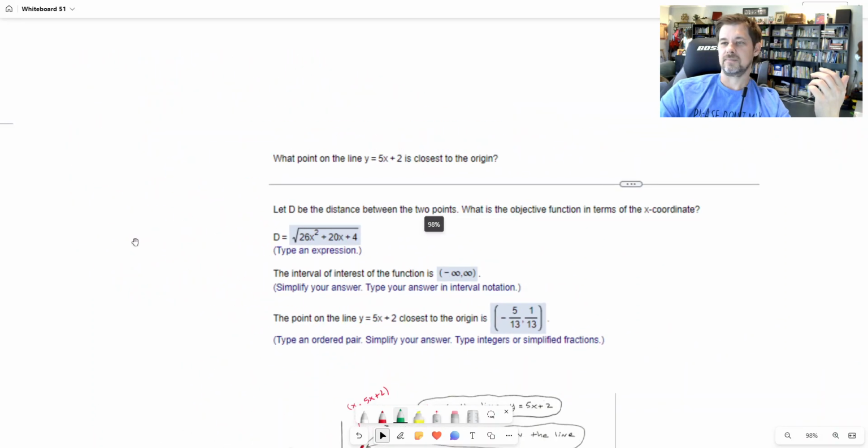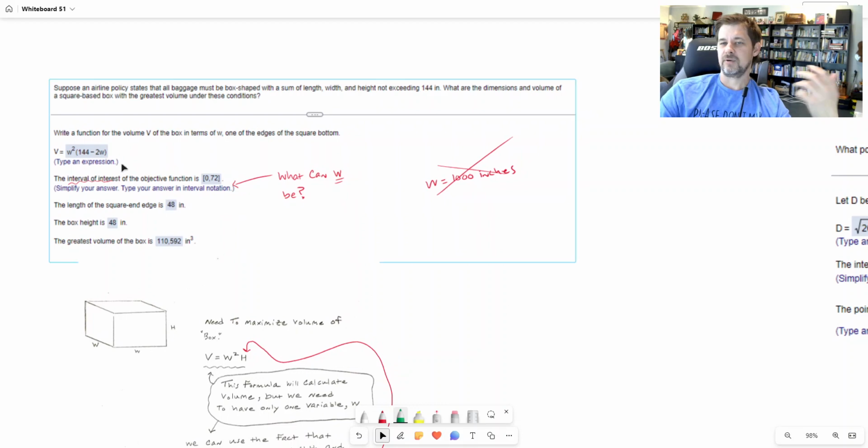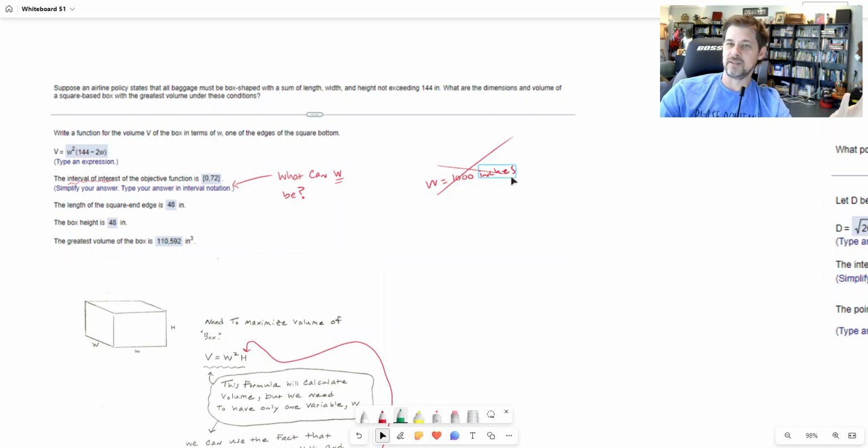I'd like to pull in a question I just did, where I told you the interval of interest for the objective function, it just tells you the possibilities for the variable. So here it was the width of this box. And to be dramatic about it, I said, well, the width can't be 1,000 inches because then it would exceed the fact that the sum of the length, width, and height of the box can't be 144.